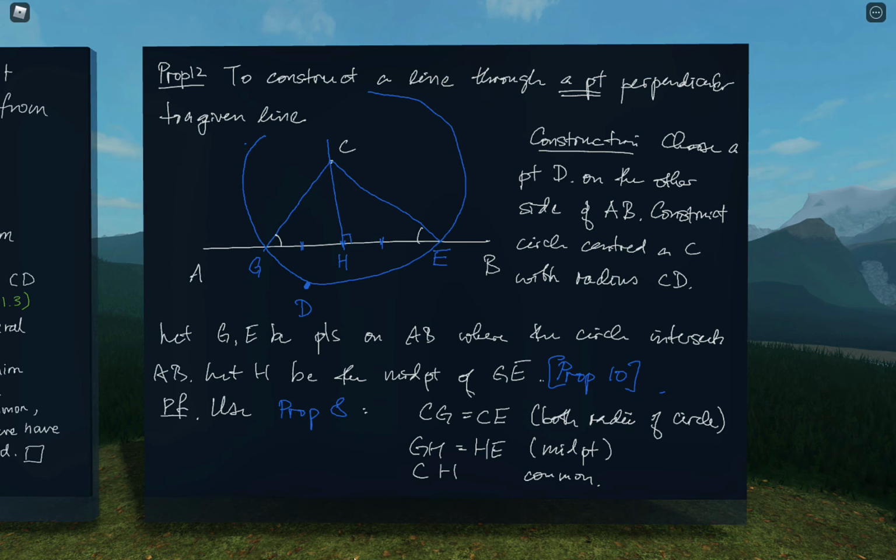And so proposition 8 tells us that these two triangles are the same. So the triangle CHG is congruent, or exactly the same, as the triangle CHE. And in particular, the angle CHG is equal to the angle CHE.